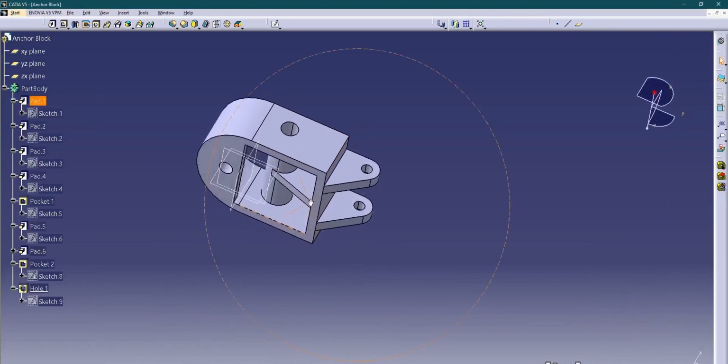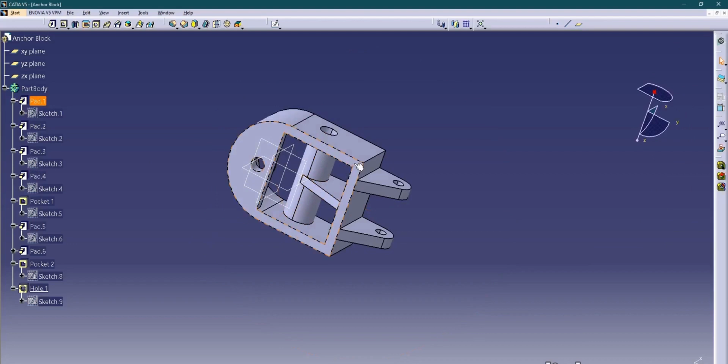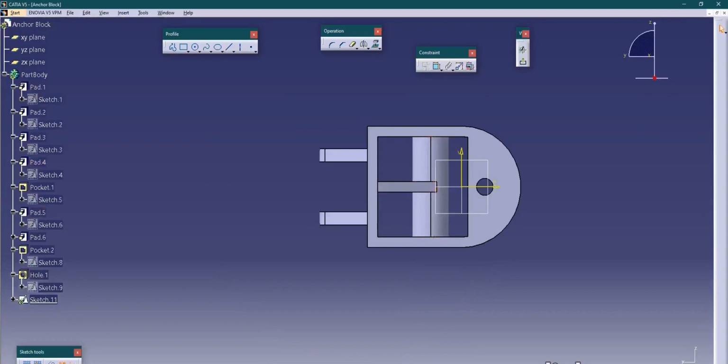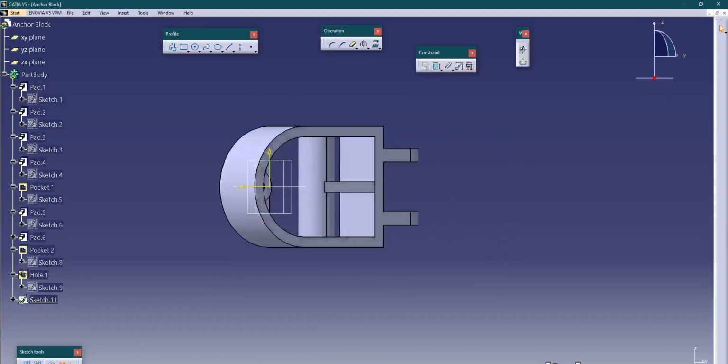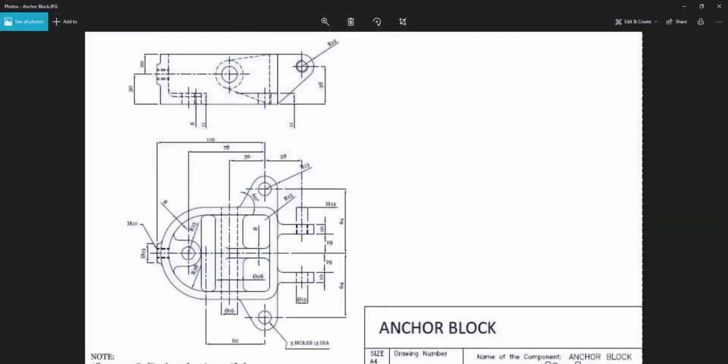Okay, which would again be made at this face. Okay.